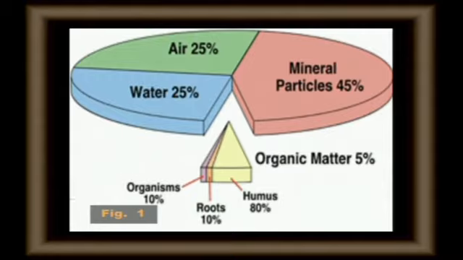Figure 1 shows that most soil contains 4 basic components, that is mineral particles, water, air and organic matter. Organic matter can be further subdivided into humus, roots and living organisms. The values given above are for an average soil. Soil itself is very complex.